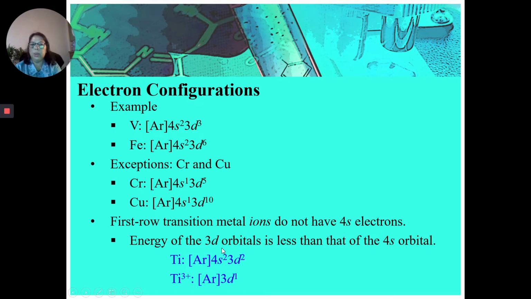Usually, they have the 3d orbitals or they have the 4s orbitals, except for the case of chromium and Cu. So for this illustration, you could have here the 3d3 and the 3d6. So they follow the 3d orbital rule. That is for the case of the first row transition elements.